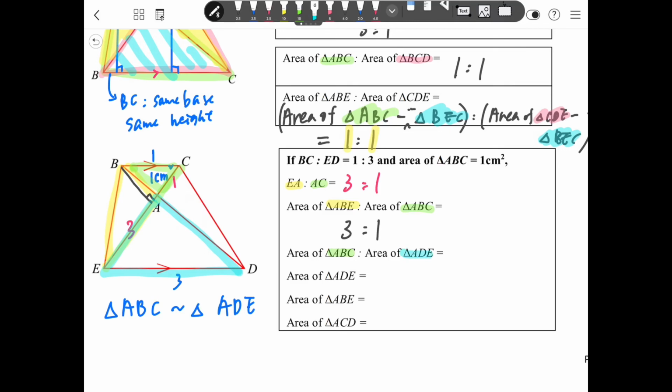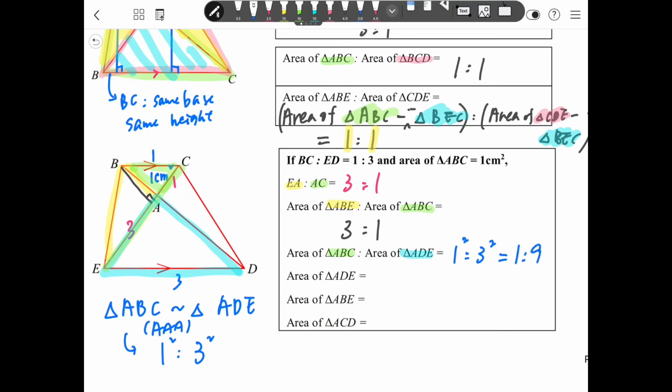Since they are similar figures, I will say the area ratio would be 1 square to 3 square. That's why the green one would be 1 cm square, and it means 3 square as well. Then it means 1:9.